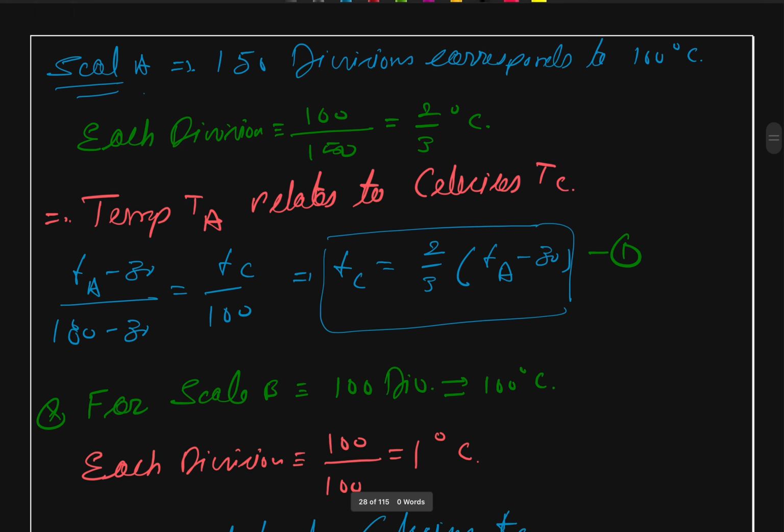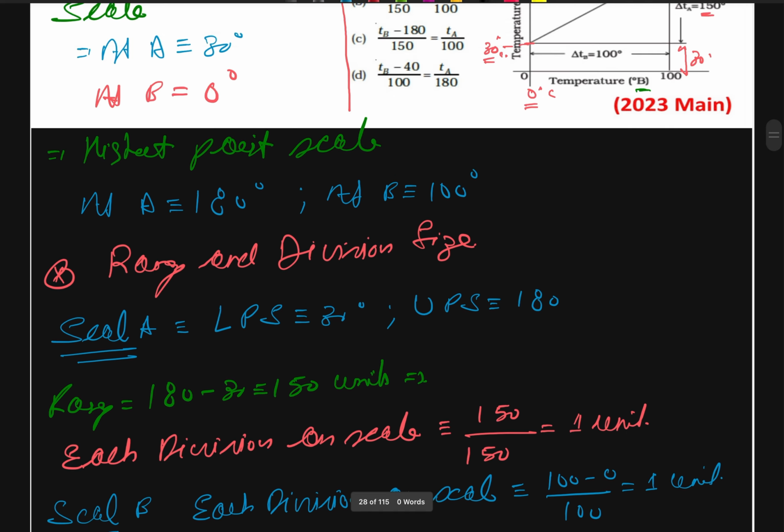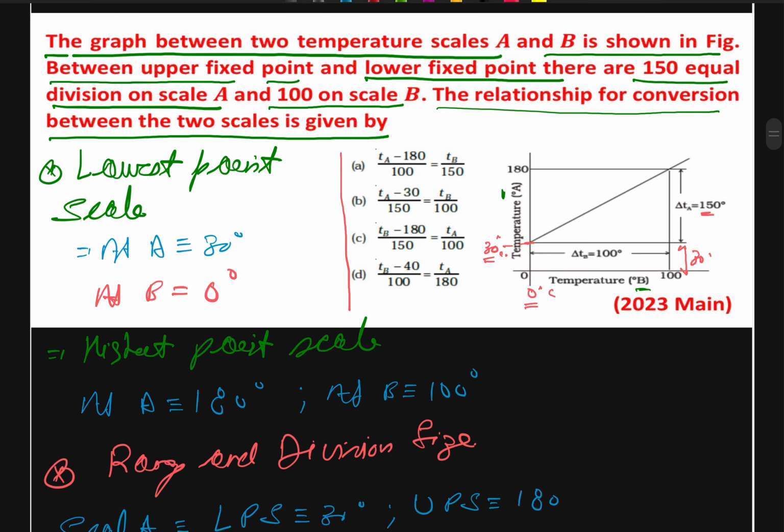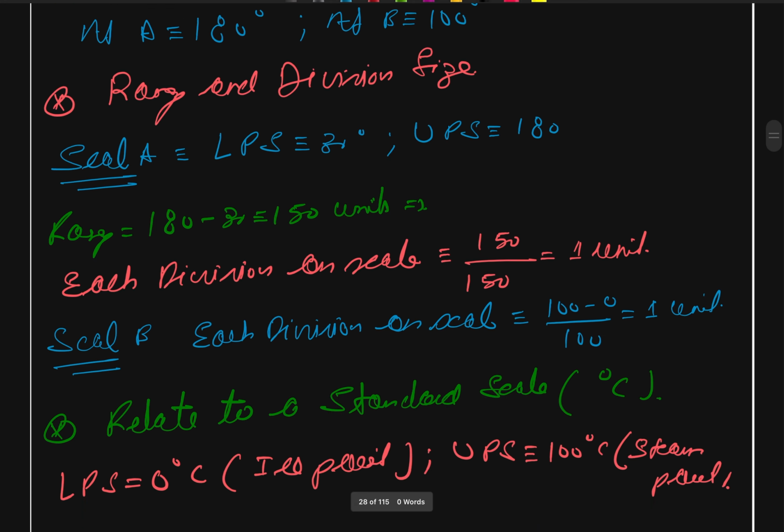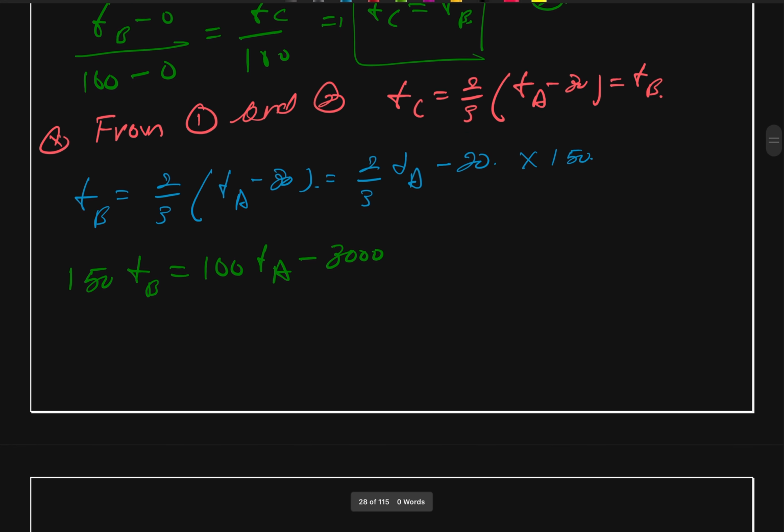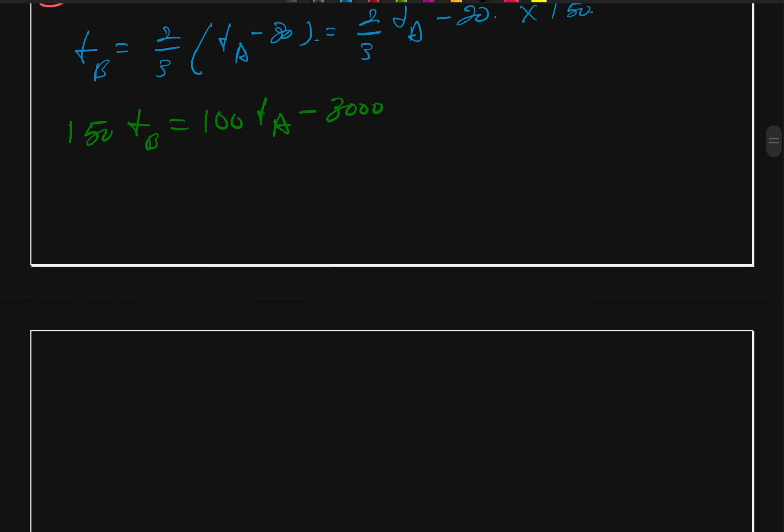So we get from here, this is our TA minus, okay, let me solve this, then we can easily.